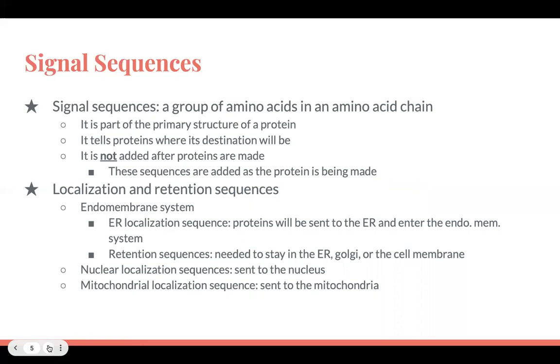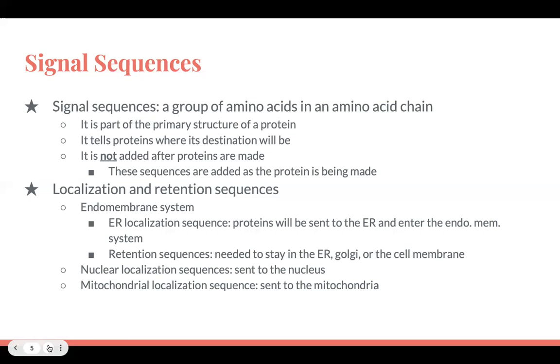On the other hand, localization and retention sequences. Proteins that are bound for the endomembrane system will have an ER localization sequence because they need to be localized to the ER in order to enter the endomembrane system.